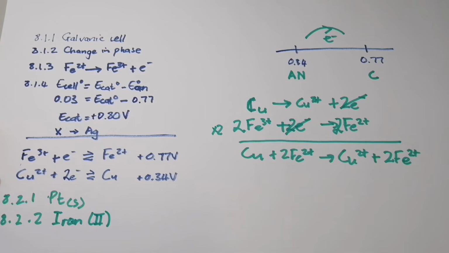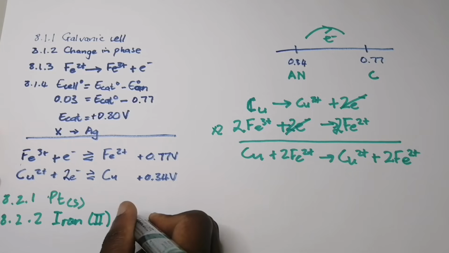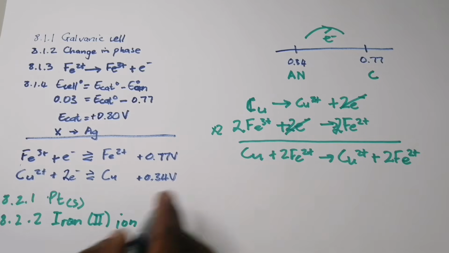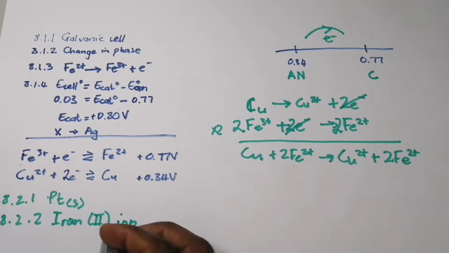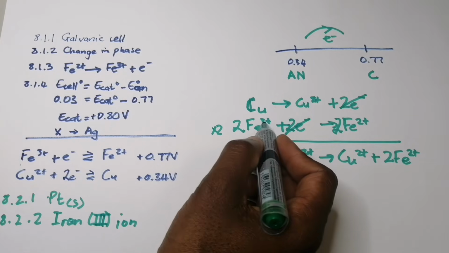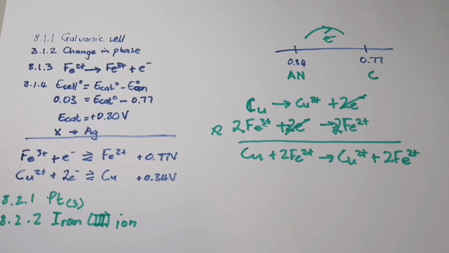So that's the iron 3+ ion, because remember, it's the 3+ ion that underwent reduction. So it is the oxidizing agent.